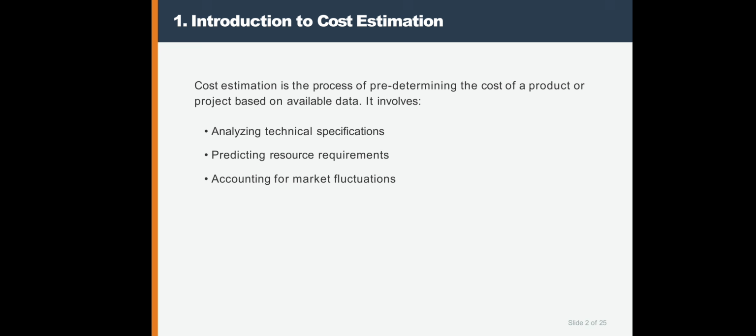So, cost estimating under normal manufacturing organizations is performed by an experienced person called by various titles including estimator, cost engineer, product cost estimator, purchase cost analyst and manufacturing cost analyst.